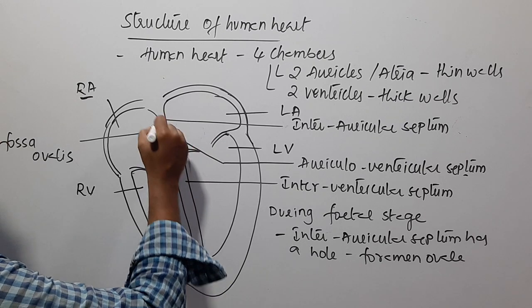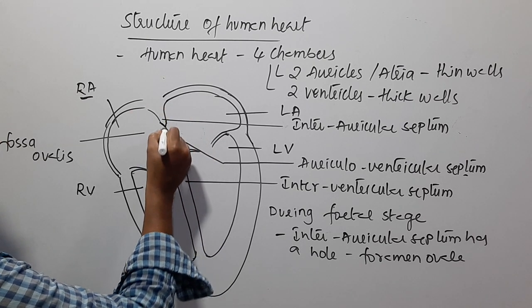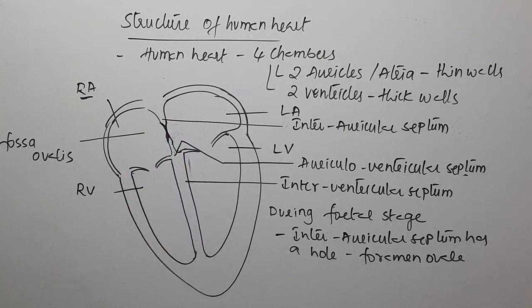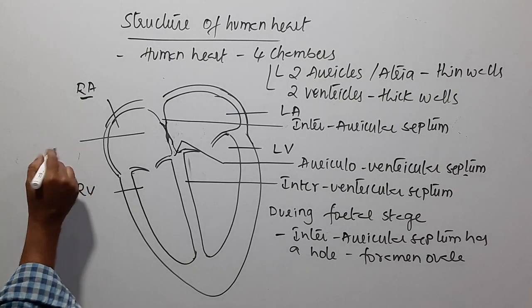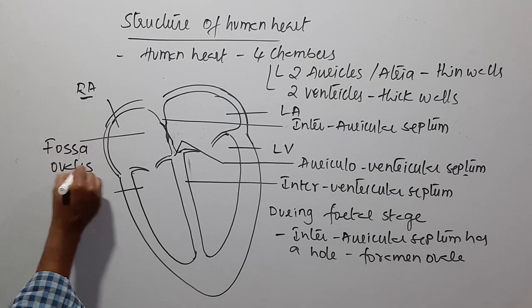At birth, or immediately after birth, it gets completely closed, and that remains for a lifetime as a depression on this interauricular septum, which we call the fossa ovalis. I'll write fossa ovalis.